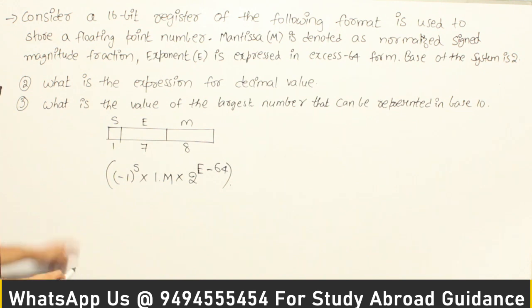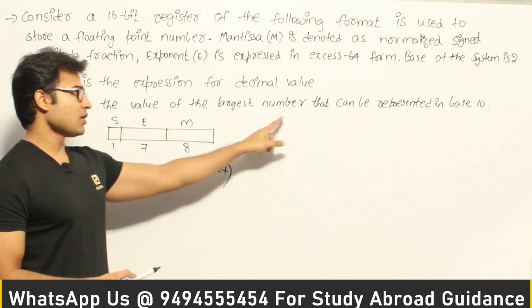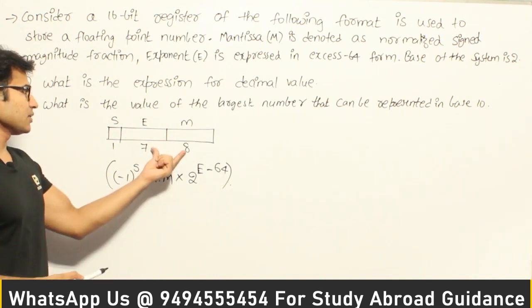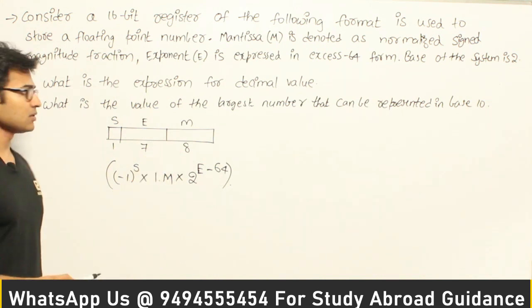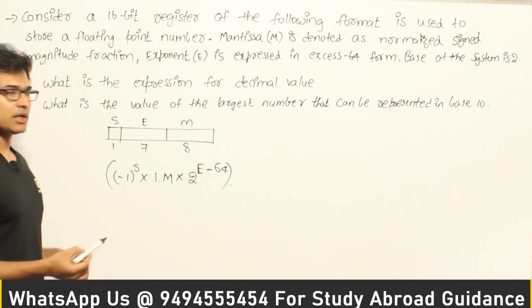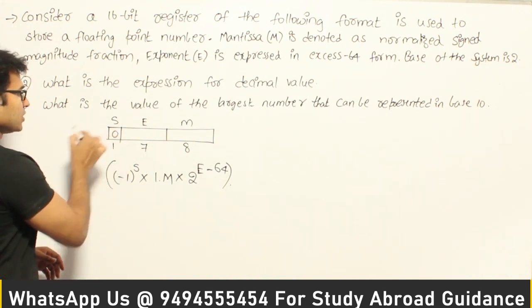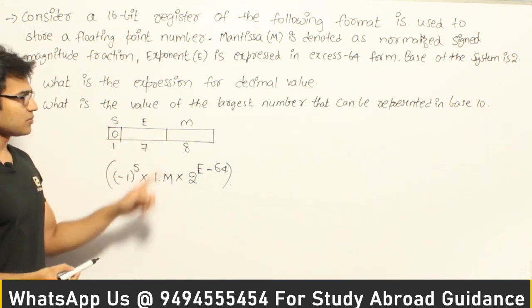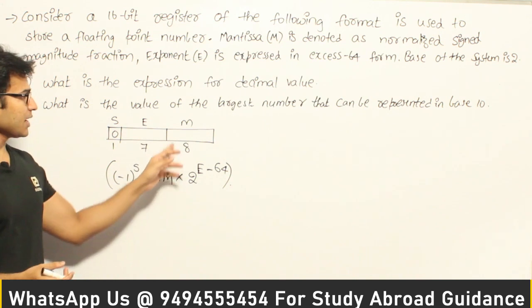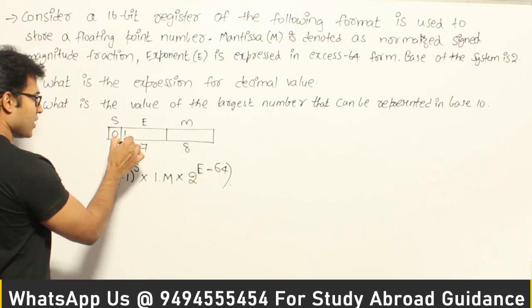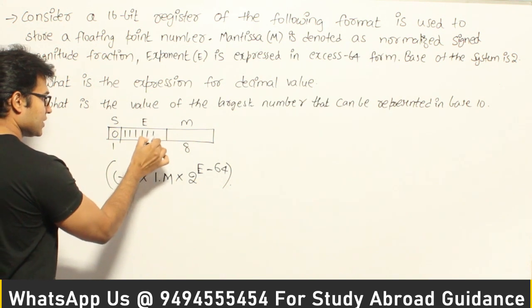Alright? Okay. Now next one is, what is the value of the largest number that can be represented in base 10, which means what is the largest number that you can represent using this representation? In order to find it out, if it is a positive number, then it could be the largest. So therefore sign is going to be 0, and exponent should be as large as possible, and mantissa should be as large as possible, which means I am going to get 1, 2, 3, 4, 5, 6, 7.